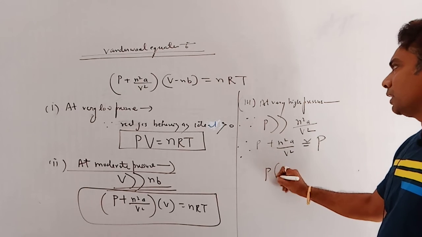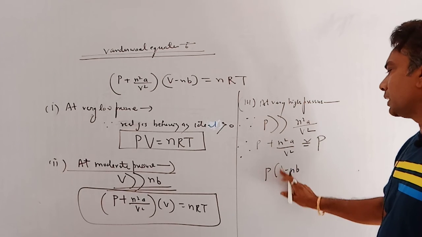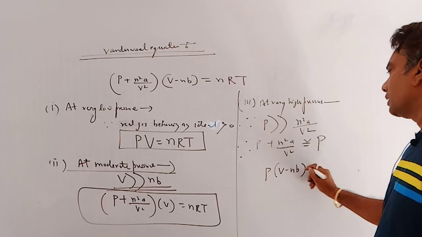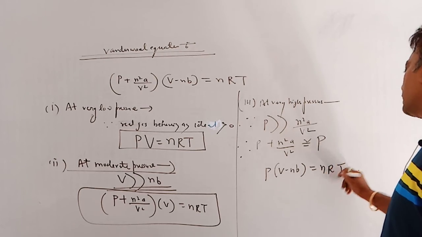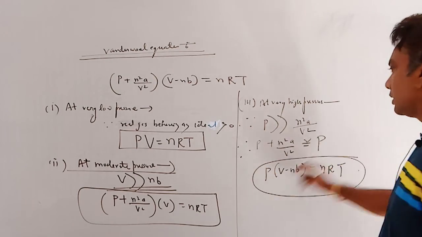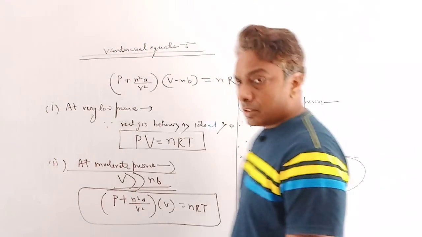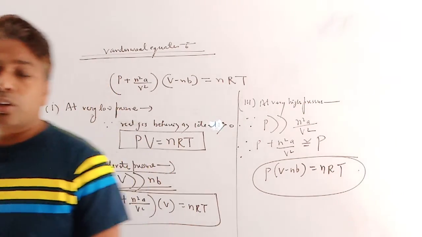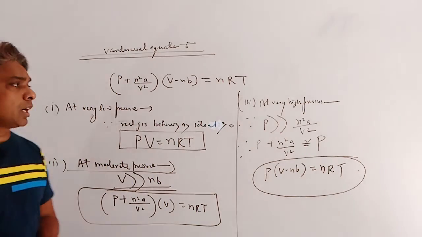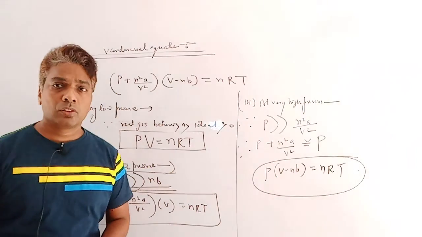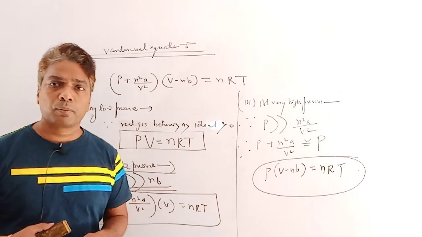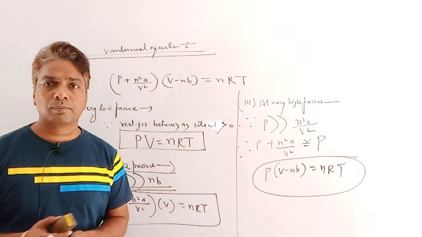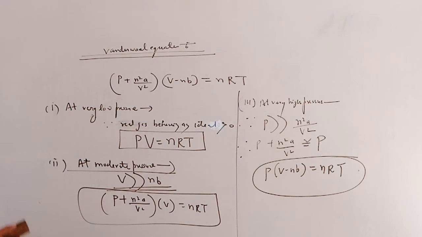So we have P into (V − nb) is equal to nRT. So these are the variations of the van der Waals equation at different conditions of pressure. Is it clear?